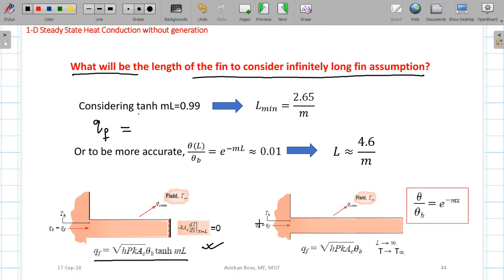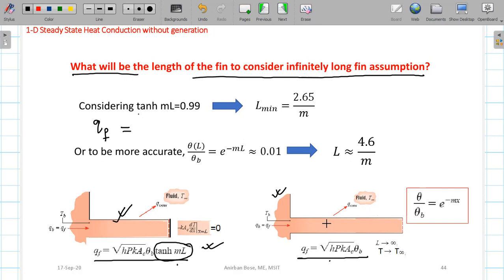If you compare these two expressions, you see that if tanh(mL) is equal to 1, then this insulated tip fin can be considered as an infinitely long fin.